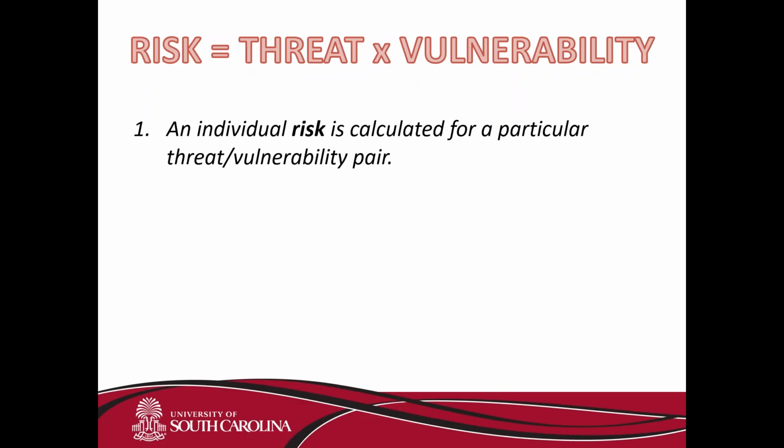So number one, an individual risk is calculated for a particular threat and vulnerability pair. So it's the combination of threat and vulnerability that we're concerned about. So in the boil the ocean strategy where we pick a framework, we're focused on every potential risk that could happen. Not the probability, not the impact, but just the full laundry list of everything that we could experience.